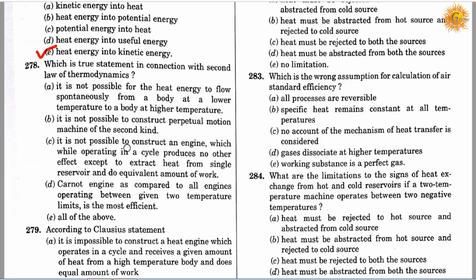Option C, it is not possible to construct an engine which, while operating in a cycle, produces no other effect except to extract heat from a single reservoir and do an equivalent amount of work. Option D, a Carnot engine, as compared to all engines operating between given two temperature limits, is the most efficient. Option E, all of the above. So the correct answer is E, all of the above.